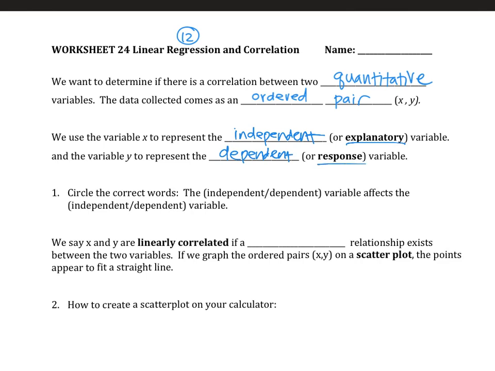So the explanatory variable affects the response variable. I want to say the explanatory variable causes the response variable to respond to certain things.